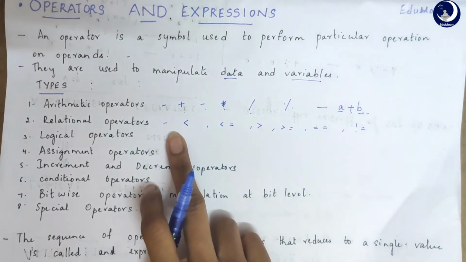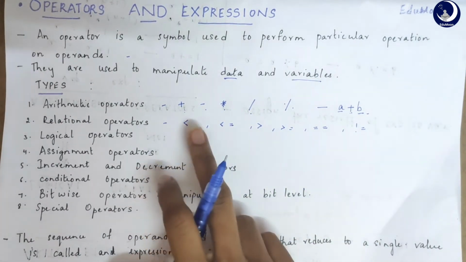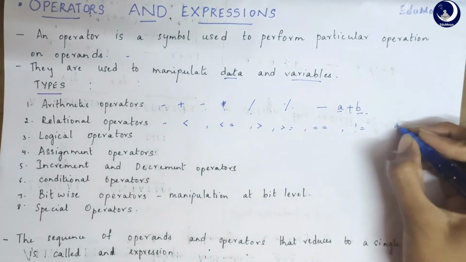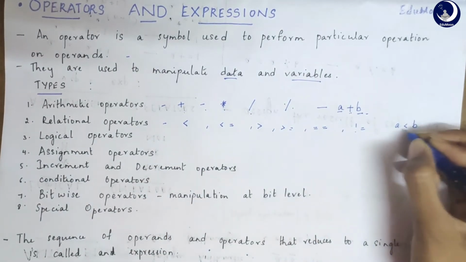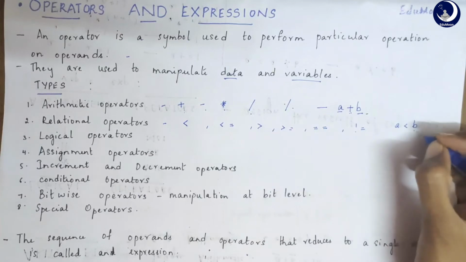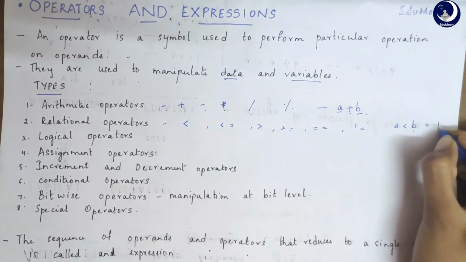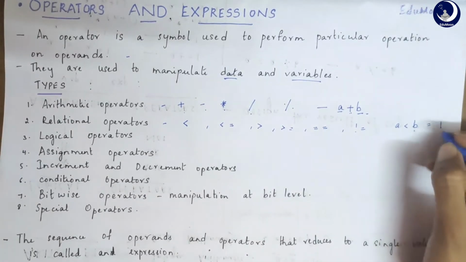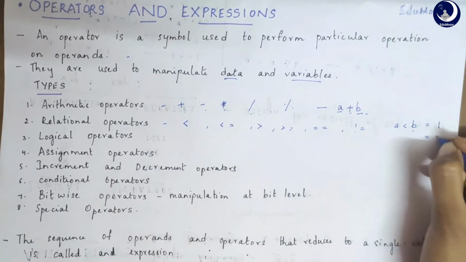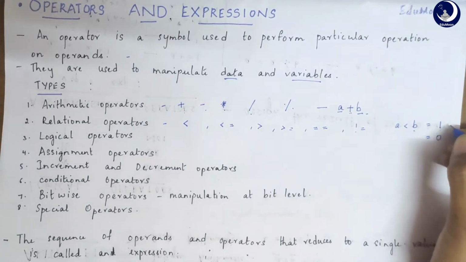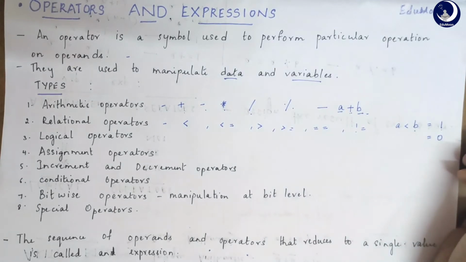In the relational operators, we consider the expression a less than b. If this expression is true, the result will be 1, and if this expression is false, the result will be 0. So 1 is equivalent to true and 0 is equivalent to false.